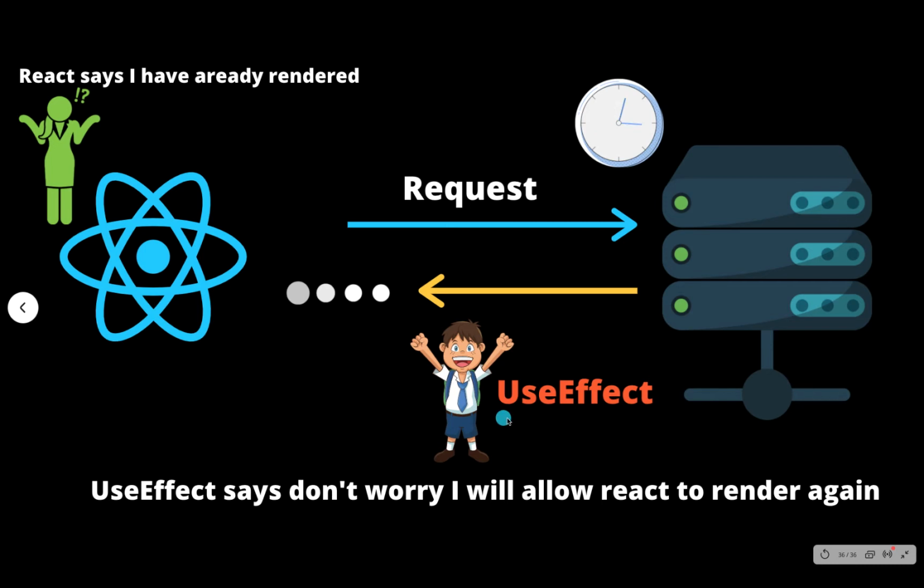But useEffect says, don't worry, I will allow React to render again. useEffect is going to trigger the React component to render again: React, the data I was waiting for has finally arrived, so take it and render it. Behind the scenes, useEffect does some logic and causes the React application to render.